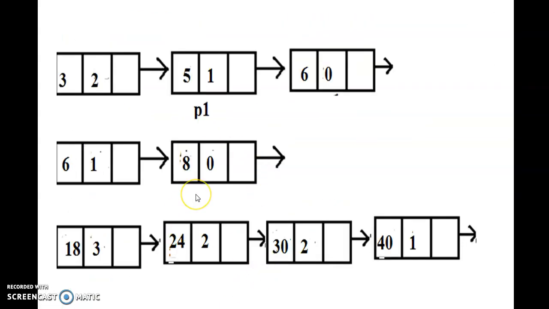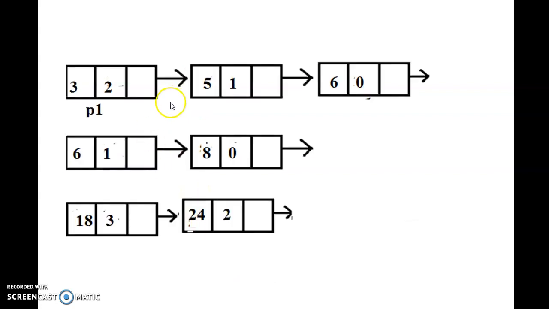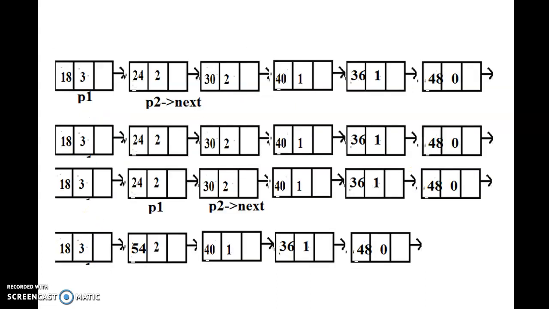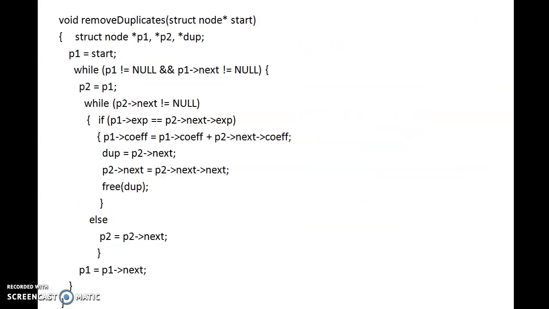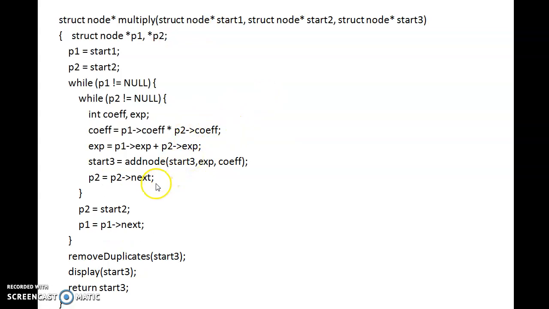So in this example, when we are considering P1, P1 of coefficient is multiplied with P2 of coefficient, and P1 of exponent is added to P2 of exponent. These things, that is 18x cubed, is added to the third polynomial. That activity we have performed in this step. After adding these, P2 is incremented to the next term.